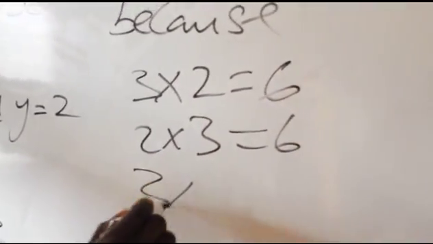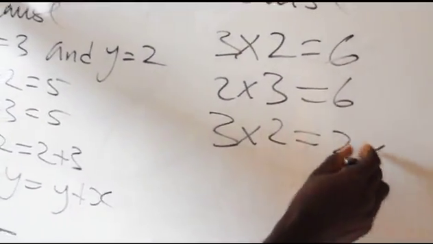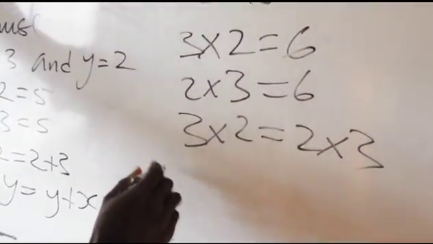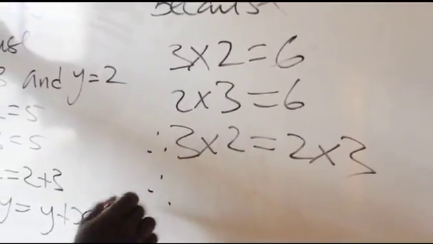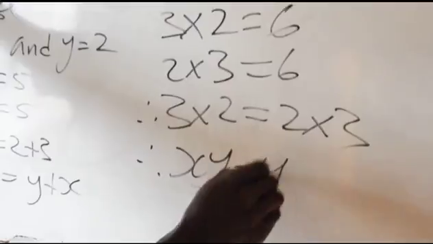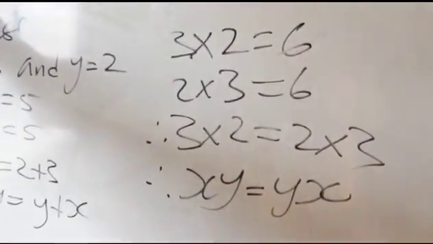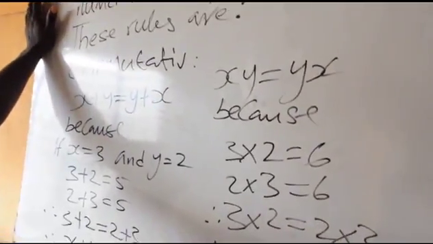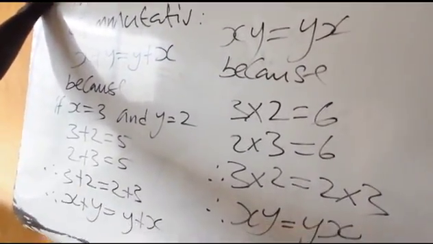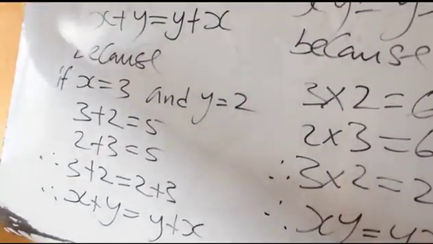Therefore 3 times 2 is equal to 2 times 3. Therefore x times y is equal to y times x. Because of this, we say that multiplication and addition are commutative, meaning that the order of arrangement does not affect the results.